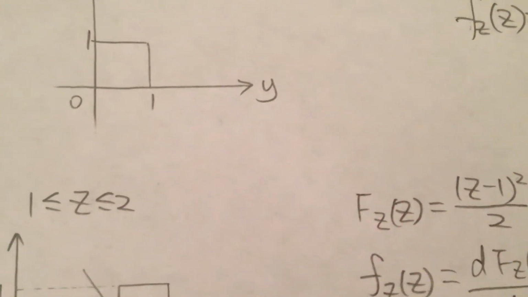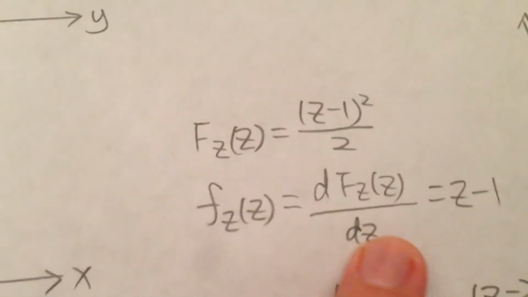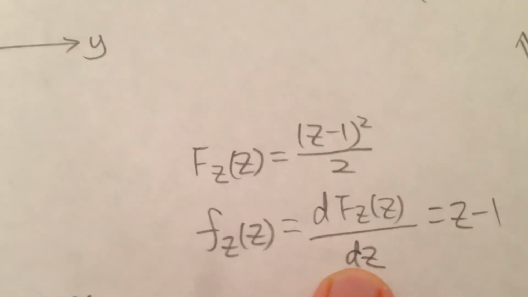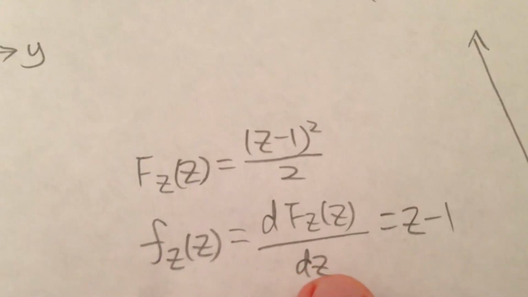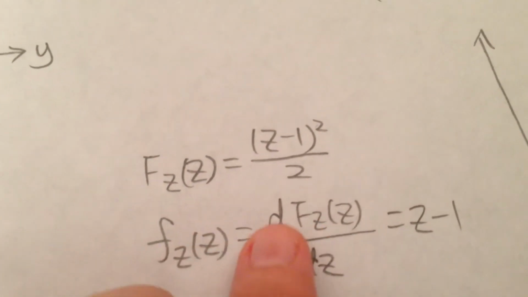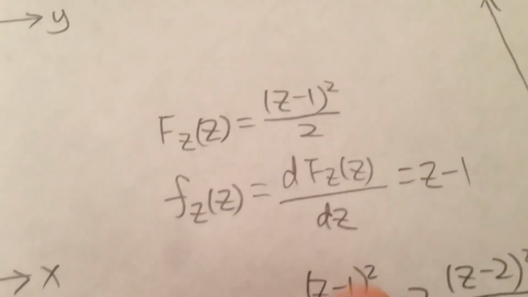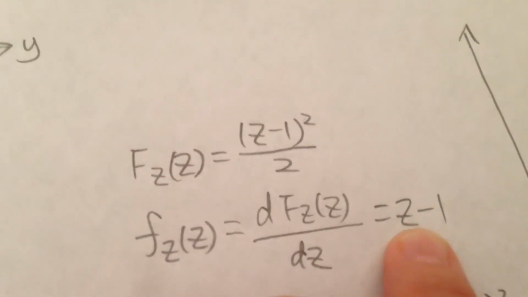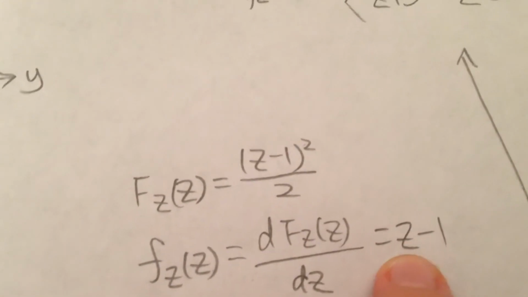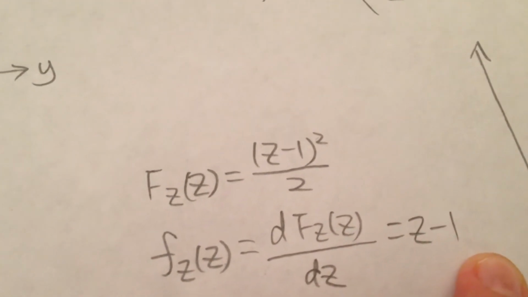And according to the definition of density function, we just take the derivative of capital F_Z with respect to z, and the answer should be z minus 1.